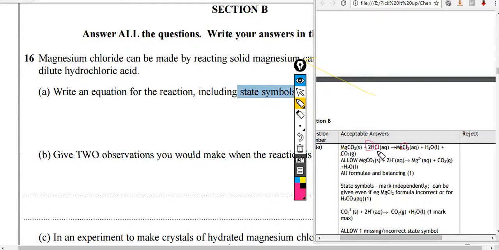That means you have two chlorine atoms on this side, and two hydrogen atoms here, and you also have two hydrogen atoms on the other side. Oxygen: 3 altogether on this side, and on the other side you have 1, and with these two you have 3 oxygen atoms. Now your chemical equation is balanced with the state symbols, so there's no reason why you shouldn't get full marks for this answer.